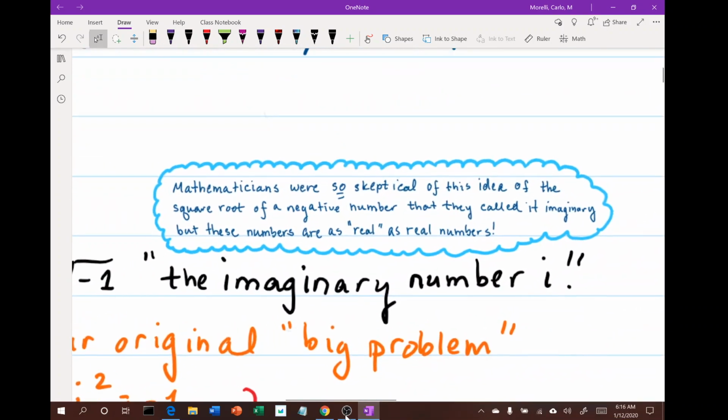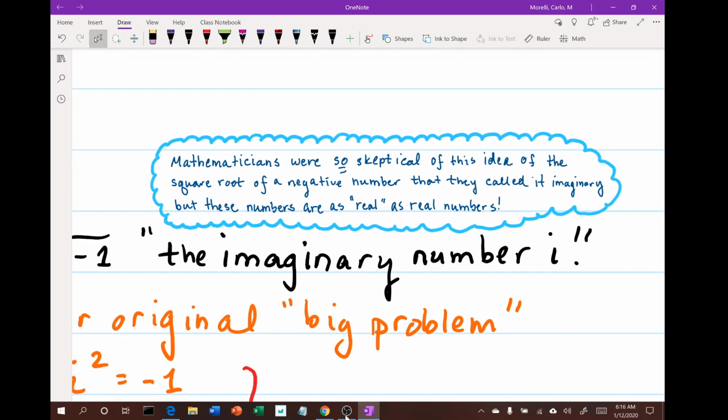Let me zoom in on this for a second. Mathematicians gave the name imaginary to this number i because they were so skeptical that the square root of a negative number would exist that they called it imaginary. But here's the deal.